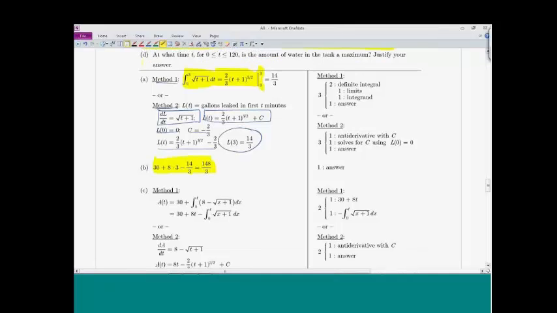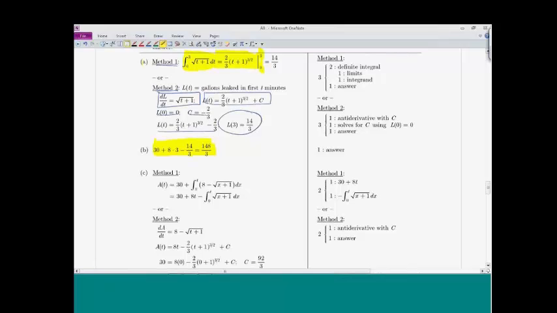The first method is just building on the line before it: the 30 gallons that you started with, there's your initial condition, and then the integral from 0 to T, any variable T, of 8 minus radical T plus 1. The 8 is the amount in, the radical T plus 1 is the amount out, and you subtract them, of course, to find the actual amount. So you can give that answer.